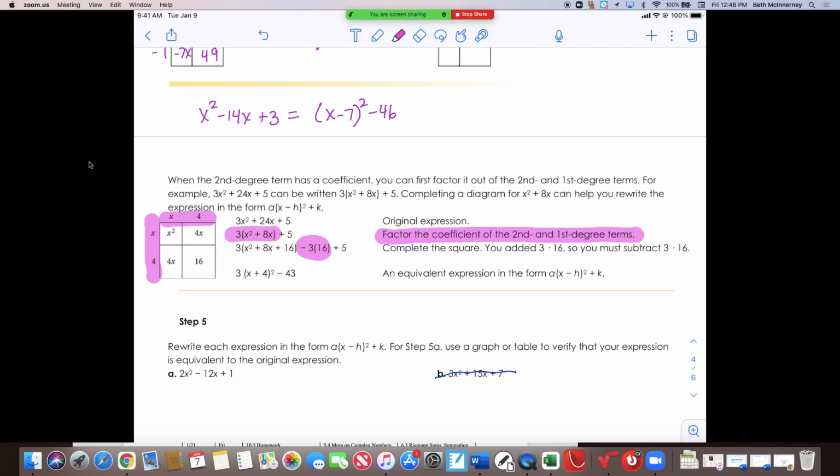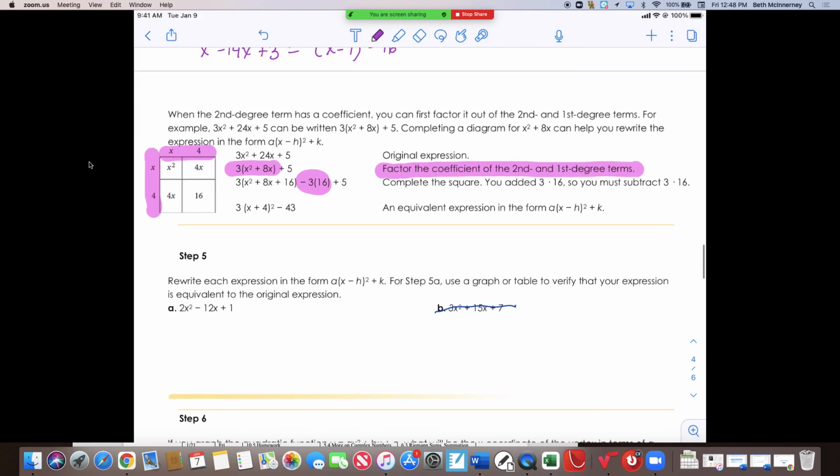All right, so let's actually do one ourselves. So let's look at step 5. All right, and this is the hardest that we're going to see. I'm going to factor out the 2 just out of the x squared and the x. Okay, I'm going to factor out the 2. So far, so good.